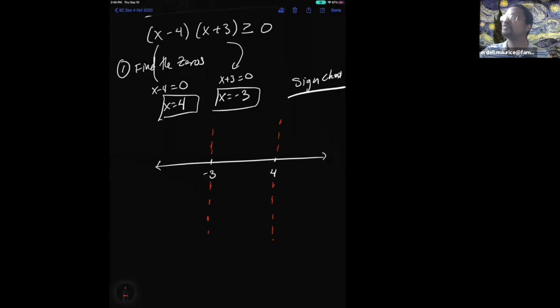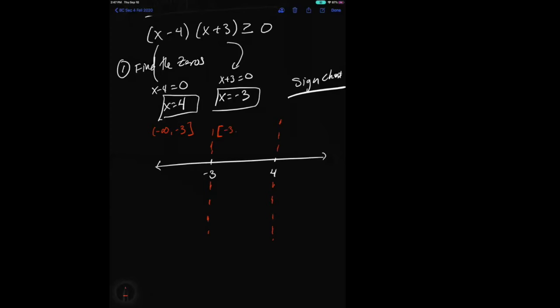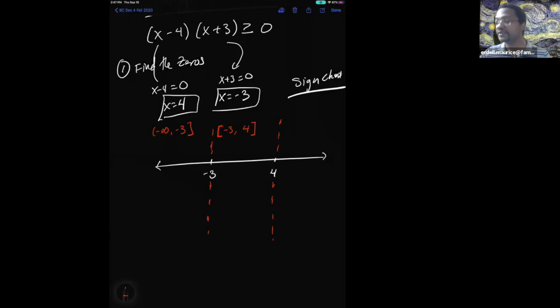The first region runs from negative infinity to negative 3. Where does the second region run from? Negative 3 to 4. And what does the last one go to? 4 to positive infinity.